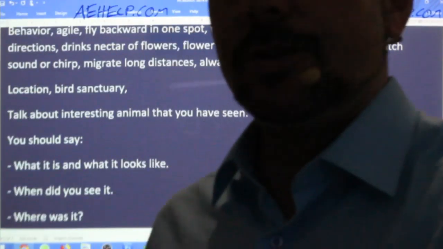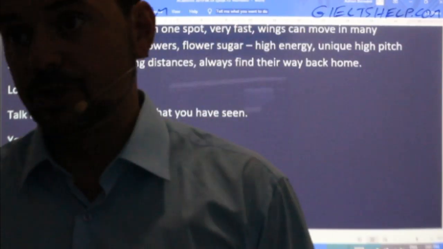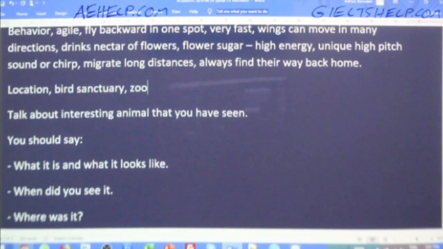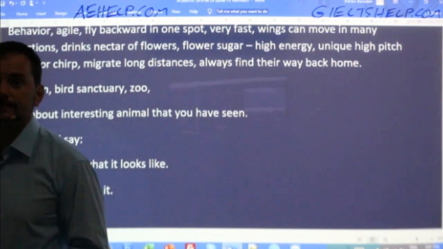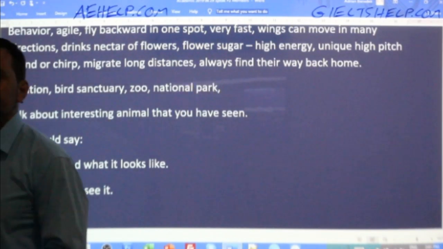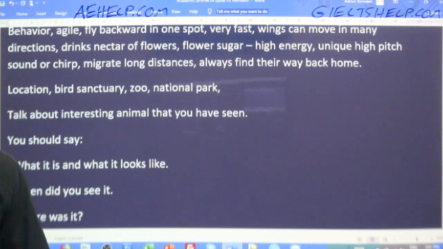Bagzod says, I saw it in the zoo. That's okay as well. Sure. Bird sanctuary or zoo. Where in the zoo? National park is okay as well. Just make sure to choose one. Hung says the national park, but be more specific.